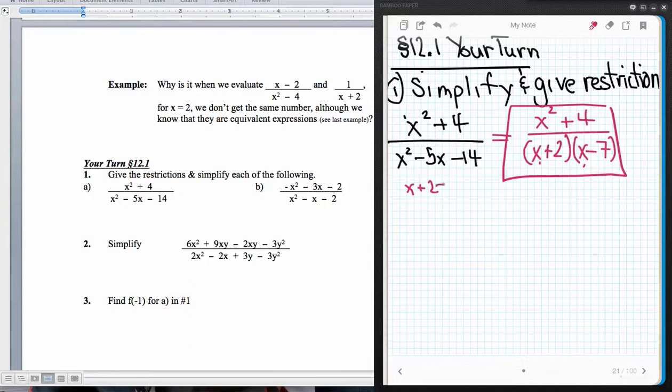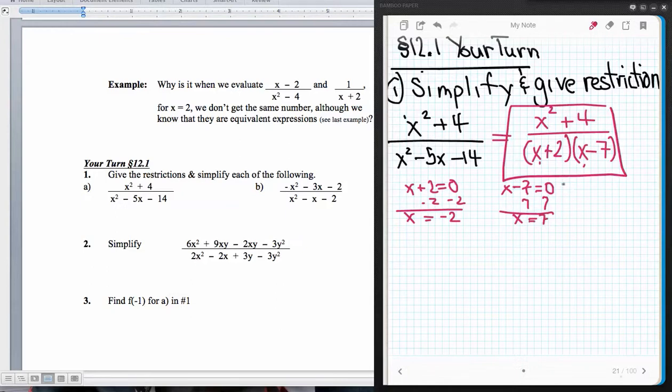x plus 2 is equal to 0, and we solve for this, getting that x is equal to a negative 2. And then we set x minus 7 equal to 0 as well, and we get that x is equal to a positive 7. Therefore, we have the two values that are restricted in the domain.